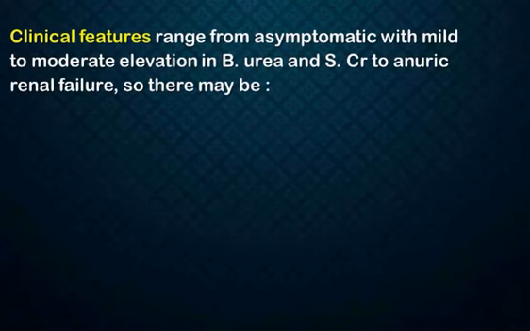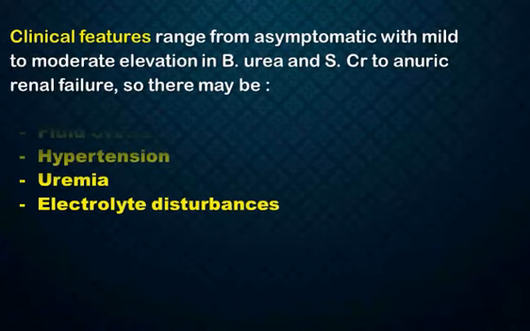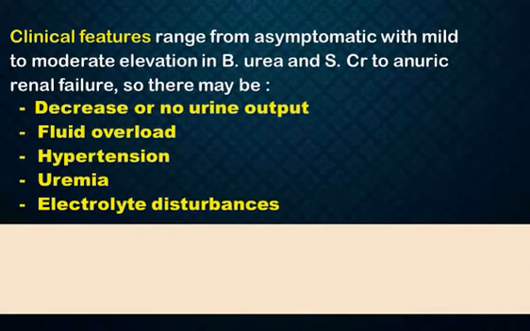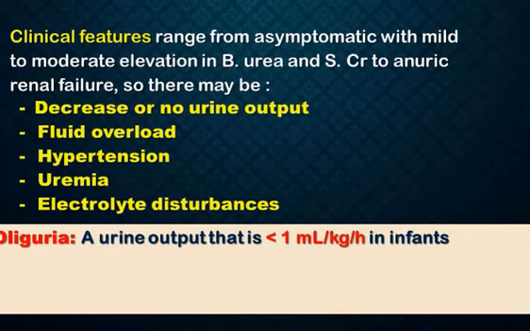So there may be decreased urine output, which is the hallmark, as I said, fluid overload, hypertension, uremia. I mean, uremic encephalopathy, development of seizures or disturbed level of consciousness, and electrolyte disturbances. And if I ask you, the answer on top of the list will be hyperkalemia and hypocalcemia.